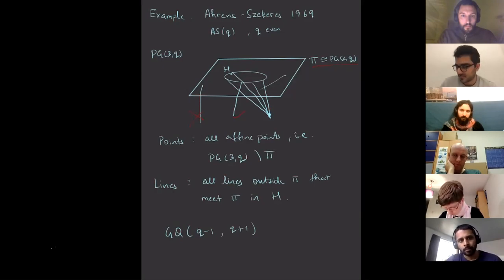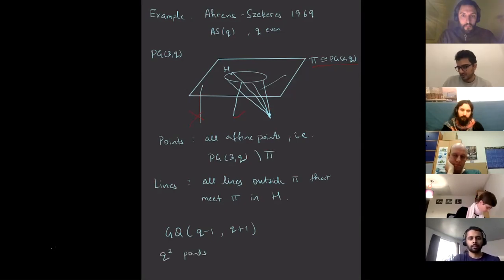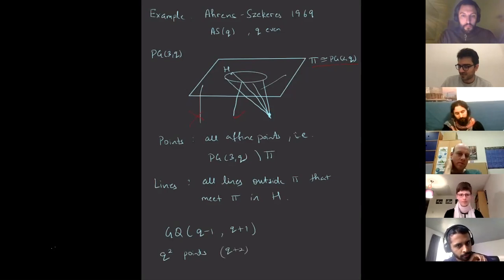Okay, so this has q squared points, and a certain number of lines which I'll have to calculate. Maybe I can say q plus 2, because I'm cheating, multiplied by q cubed.